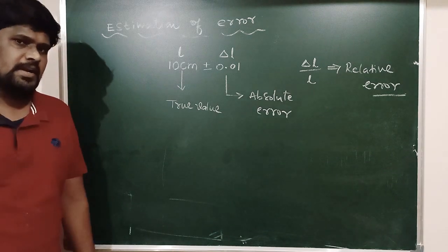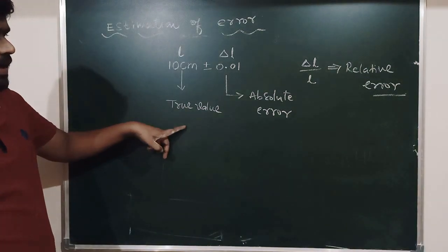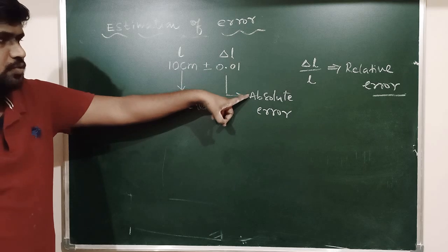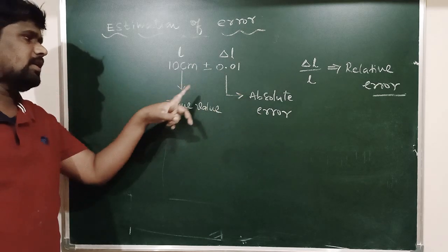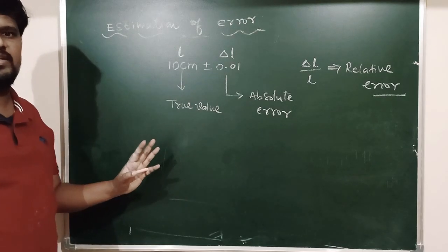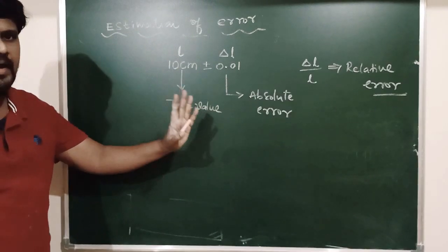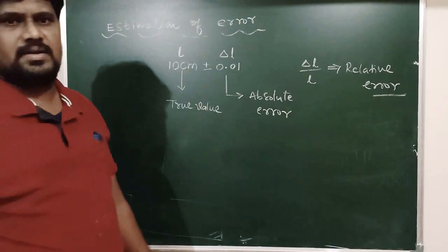How do you estimate the relative error? The relative error is always given by the absolute error in the measurement divided by the true value of the measurement.